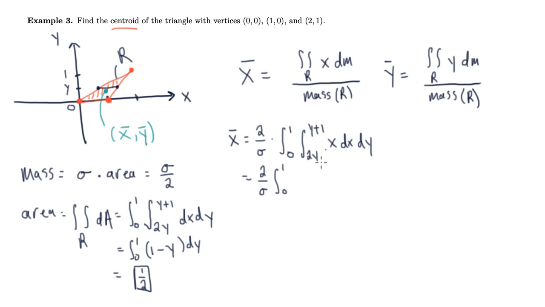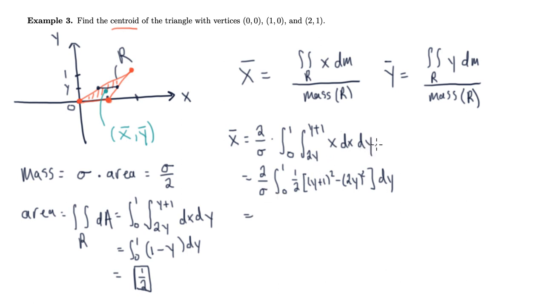This is going to be x squared over 2, so I'll have 1/2, and then y plus 1 squared minus 2y squared dy. Okay, and then this 1/2 will cancel with that 2.